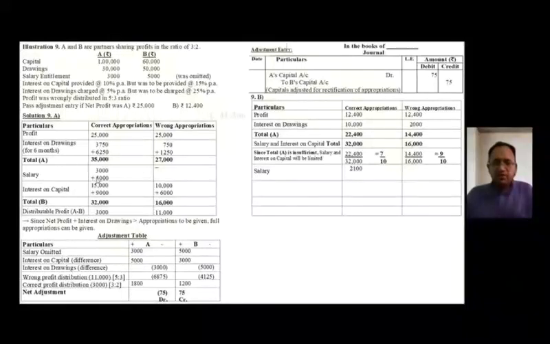Similarly, B was to be given a salary of rupees 5,000. 7 upon 10 of that is absolutely right, 3,500. So we will limit the amount of salary in this manner. As per wrong appropriation, salary was not given. So simply write dash over there.